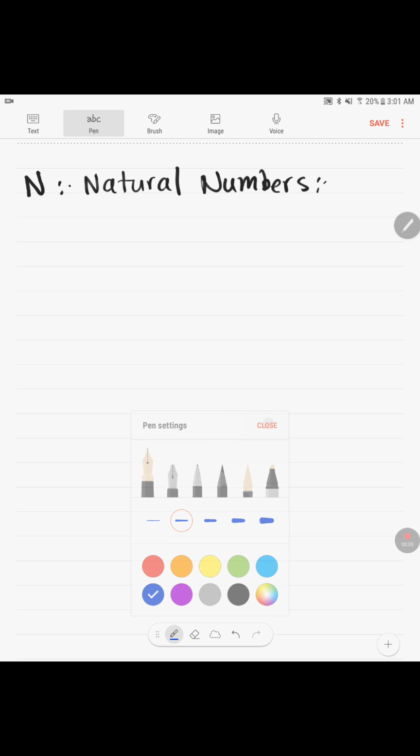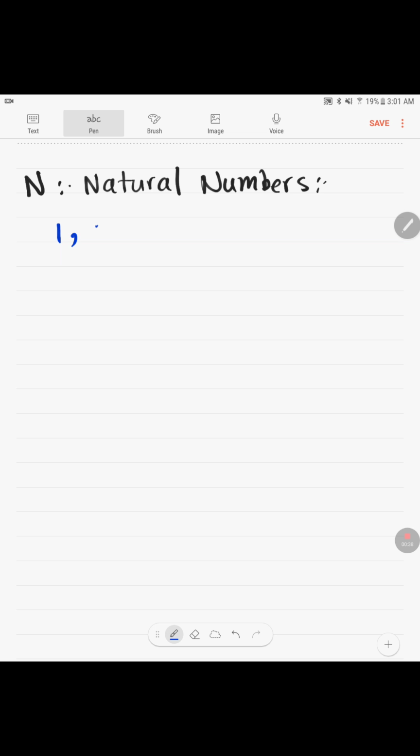The first basic set of numbers is labeled as N, and the name of it is natural numbers. You could think about these numbers as numbers like 1, 2, 3, 4, and so on to infinity.